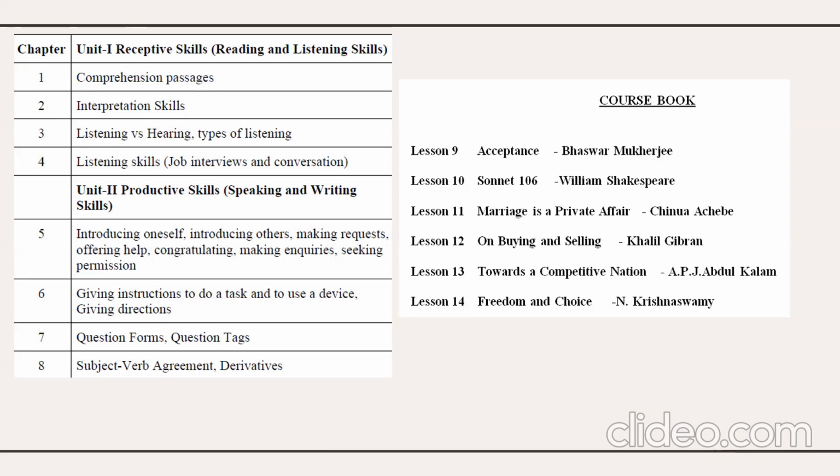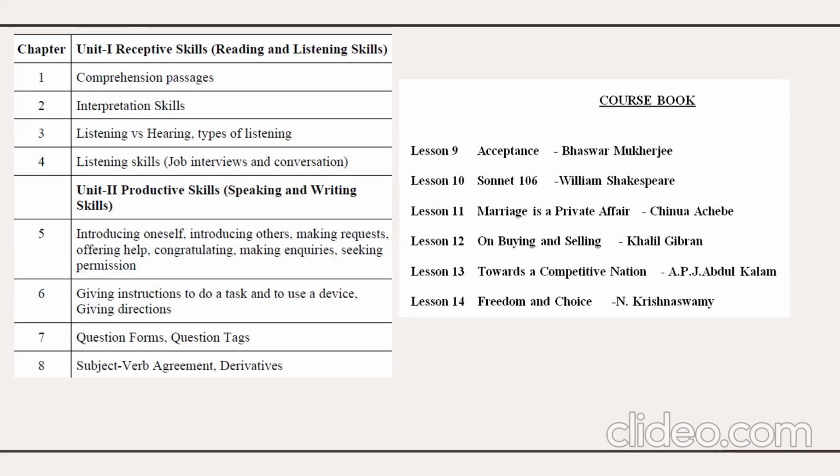You have 8 important topics under the workbook. So comprehension passage, interpretation skills, that is data interpretation. Then listening skills, you have the difference between listening and hearing, types of listening. Then functional English. Functional English means how to introduce yourself, how to introduce others, how to make a request, how to offer help, how to say congratulations, making inquiries, seeking permissions.